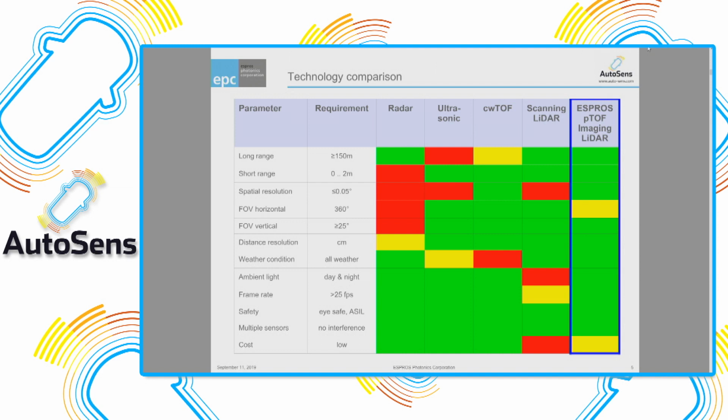As I said, the specifications vary, depending on who you're asking what the requirements of the sensor are. Typically, if you talk to a German auto manufacturer, they say at least 250 meters, and they want to see a small piece of a tire on the road, so as not to run over this debris at 250 kilometers per hour.